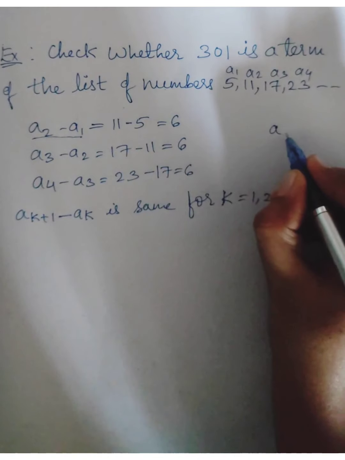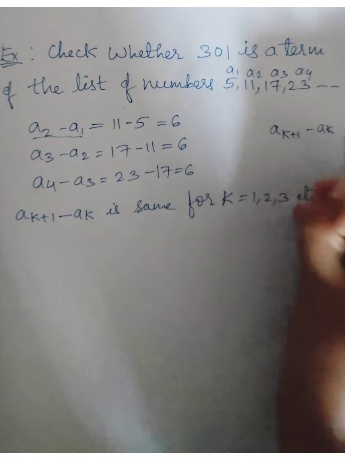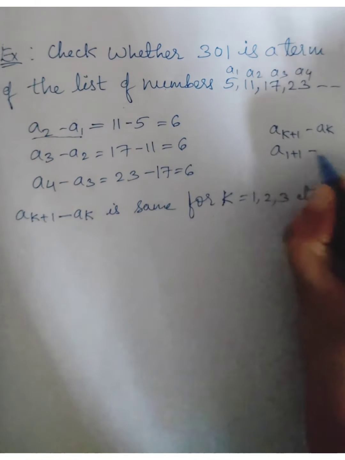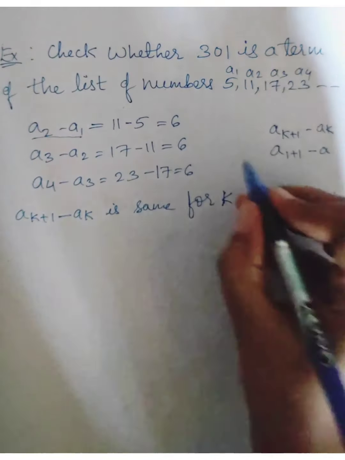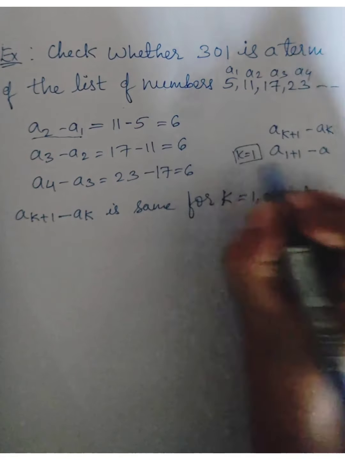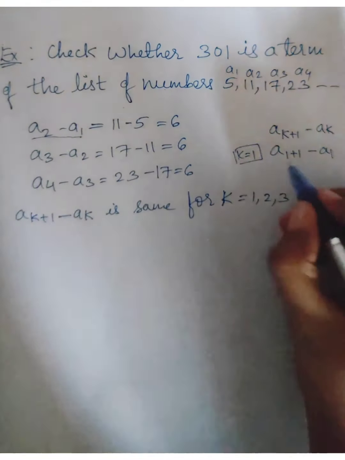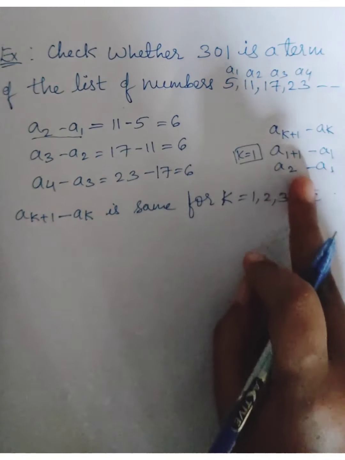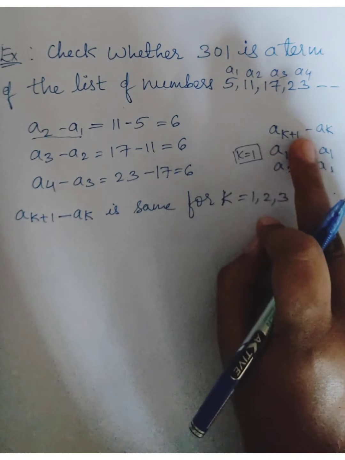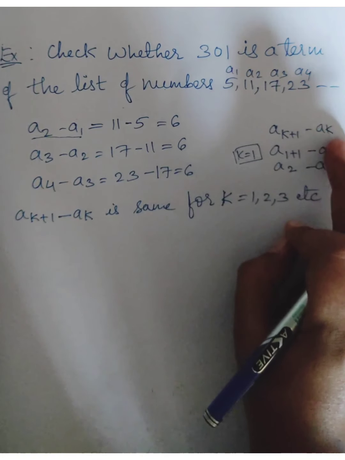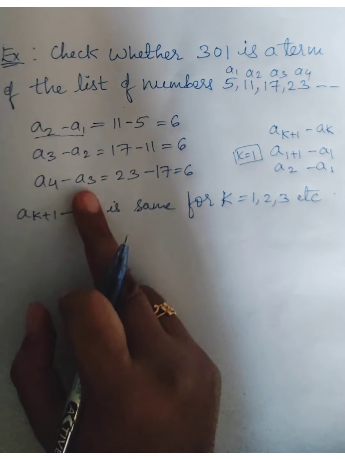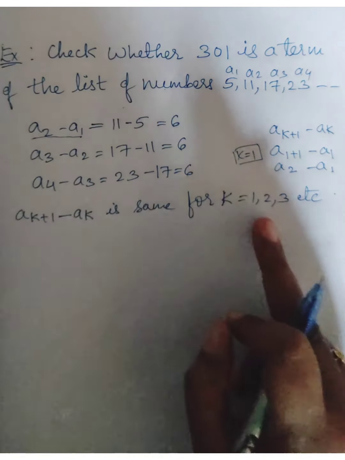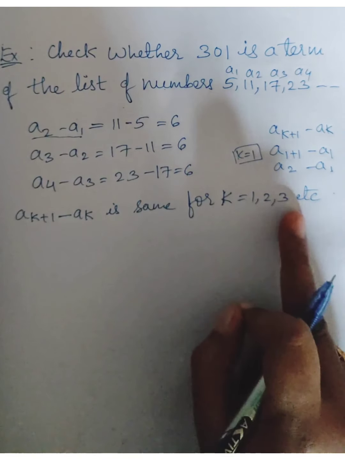For K equals 1, it is A(1+1) minus A1, that is A2 minus A1. Similarly, if you substitute K equals 2, 2 plus 1 will be 3, minus A2. So you are going to get A2 minus A1, A3 minus A2, A4 minus A3, whenever you substitute 1, 2, 3, 4, and so on.